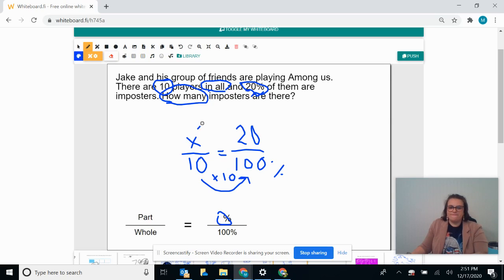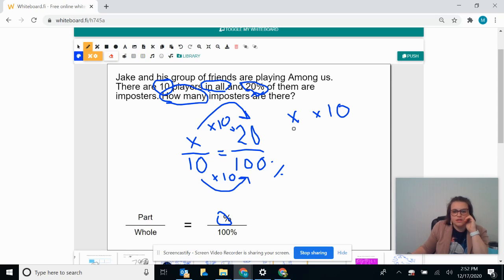So now I know that I have to do x times 10 to get 20. So something times 10, remember x is just a variable, a number you don't know, equals 20. What times 10 equals 20?